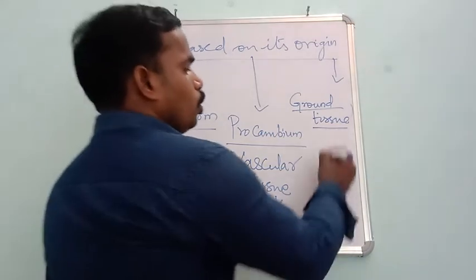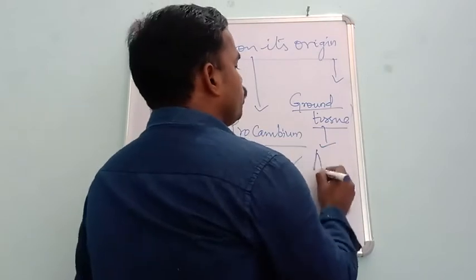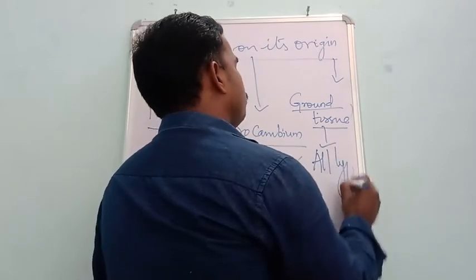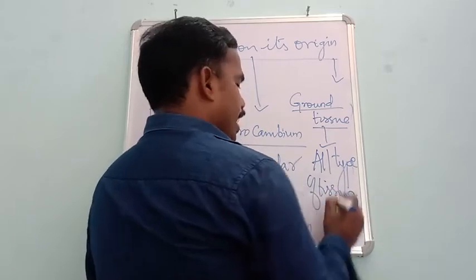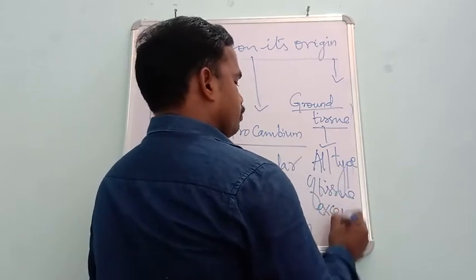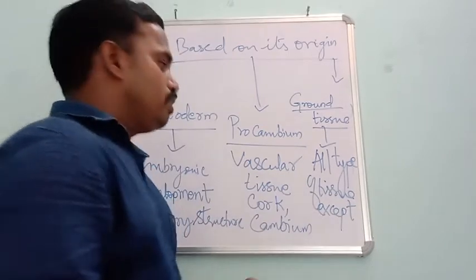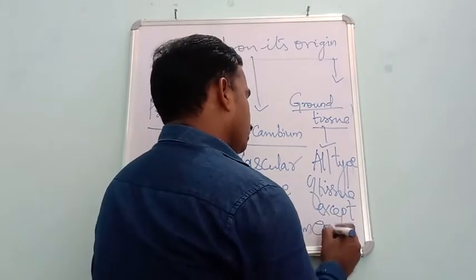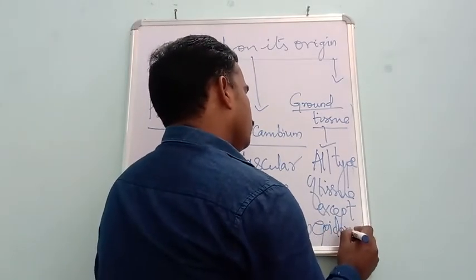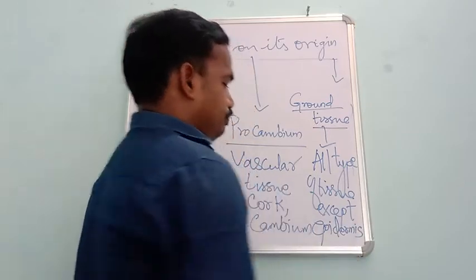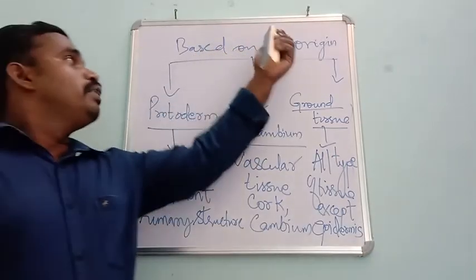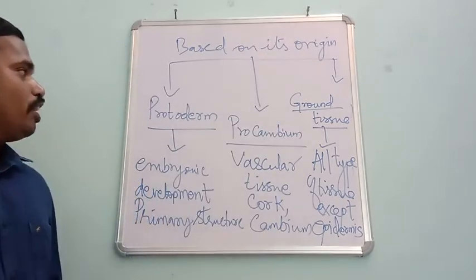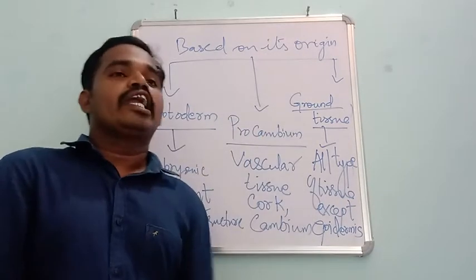Ground tissue is derived from all types of tissue except epidermis and vascular bundle. So based on its origin, the meristematic cells are classified into protoderm, procambium, and ground tissue.